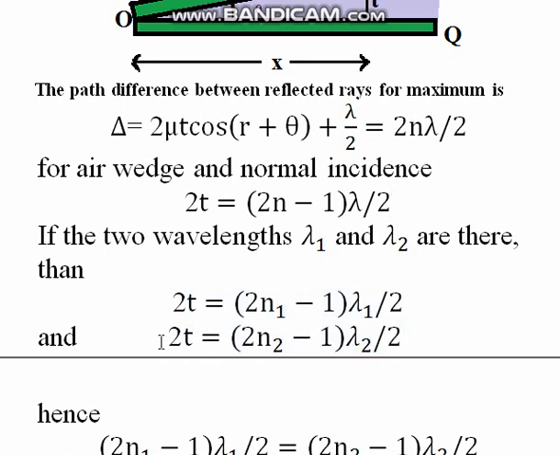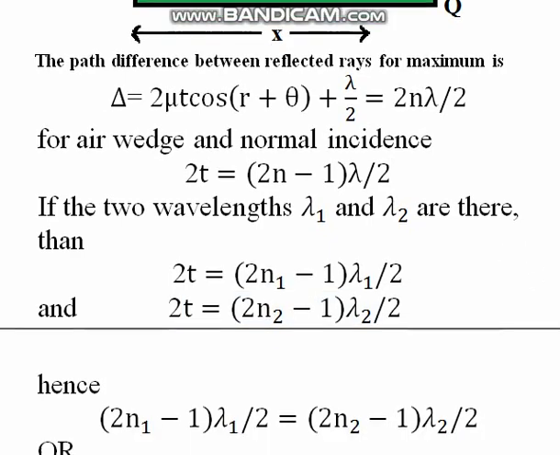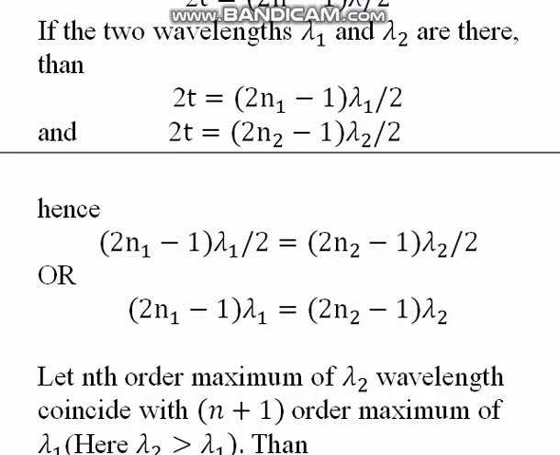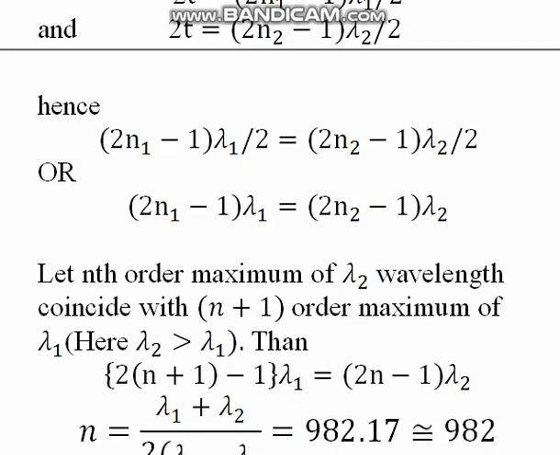Similarly, for the second wavelength, twice t is equal to twice n2 minus 1 times lambda 2 upon 2. So we obtain these two equations, and you can compare the right hand sides. By comparison, we obtain this equation.